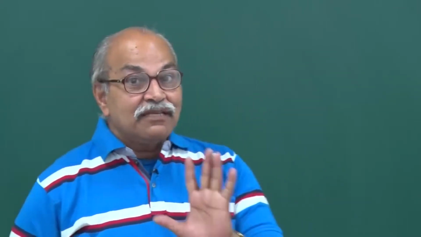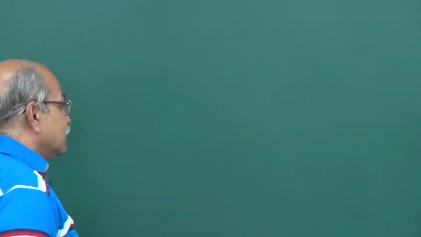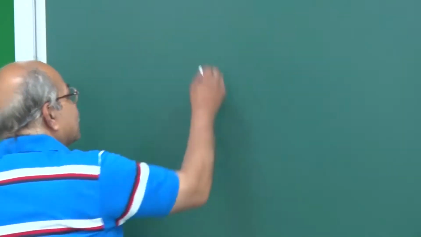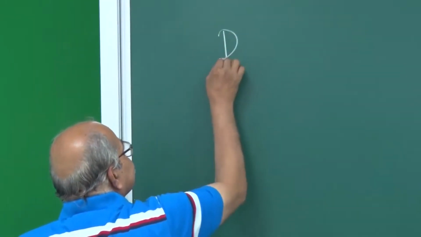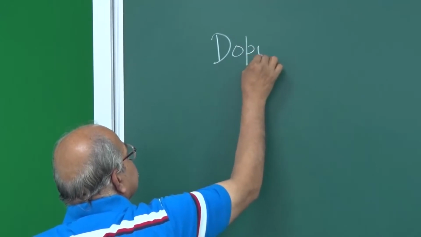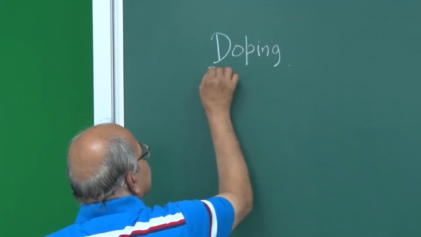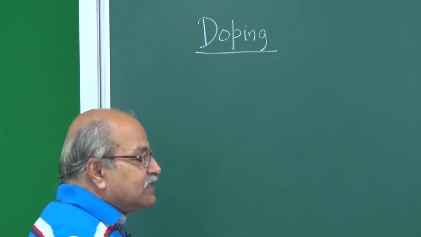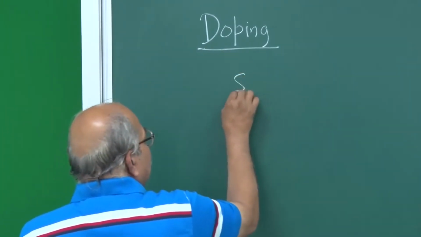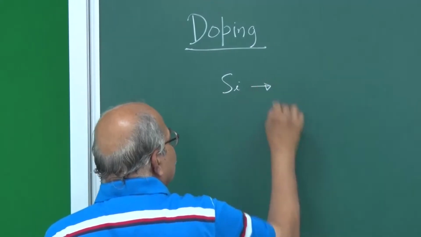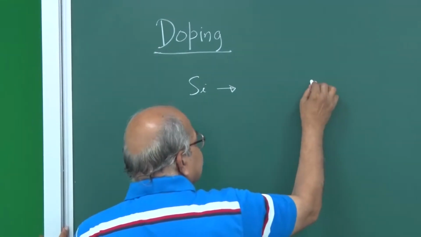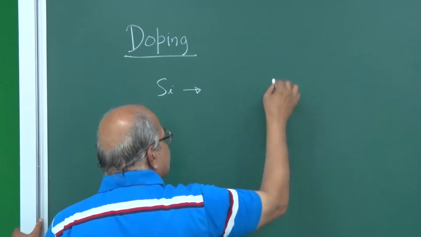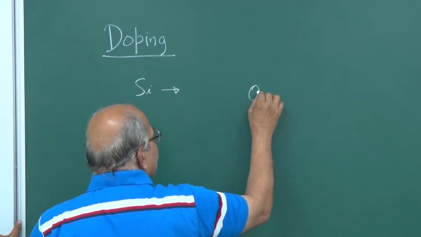So the first and foremost thing is doping. Very, very important. Doping. So again, taking silicon as an example, pure silicon, as you know, has that tetrahedral structure and covalent bonding.